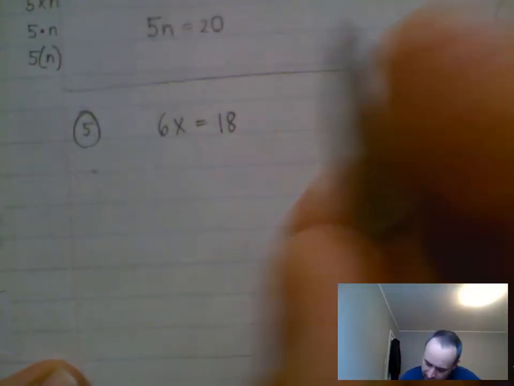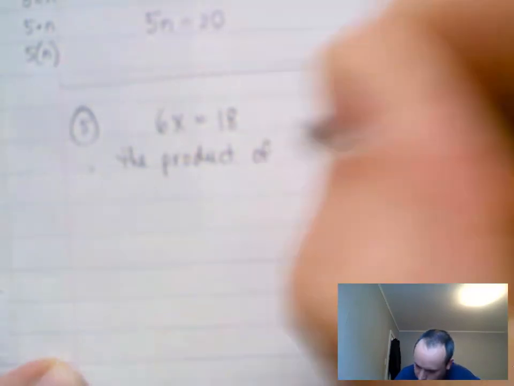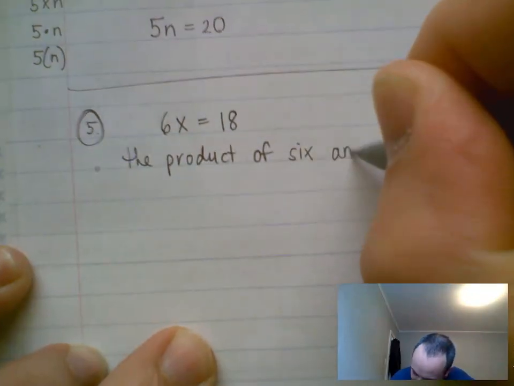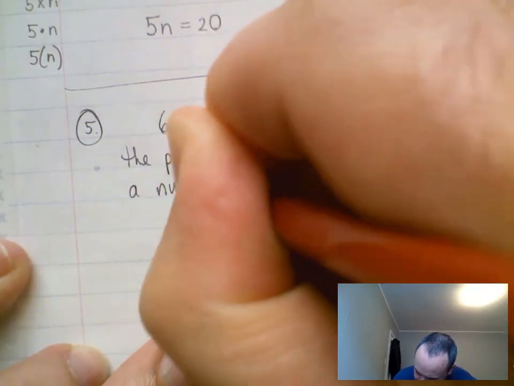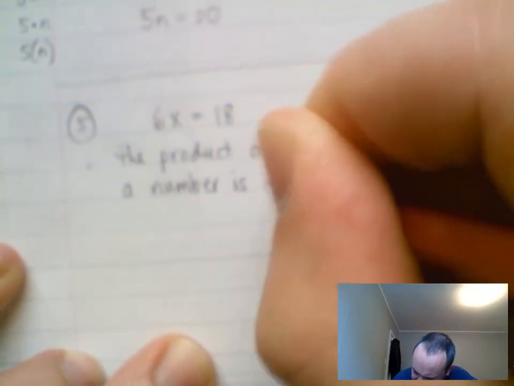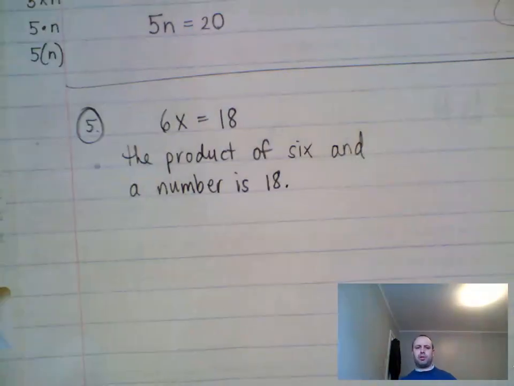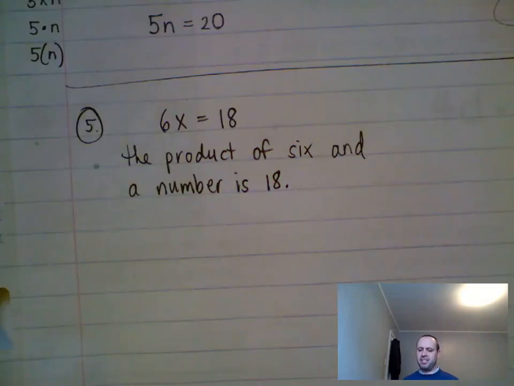This would say, because this means multiply right here, the product of 6 and a number is 18.